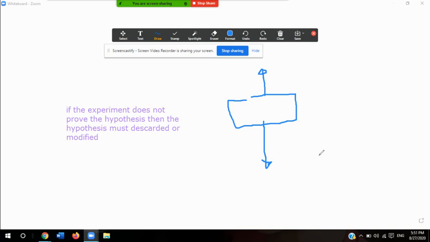So once again, that is page 29, and the definition of a model on page 29 says that in science, a model is more than a physical object.